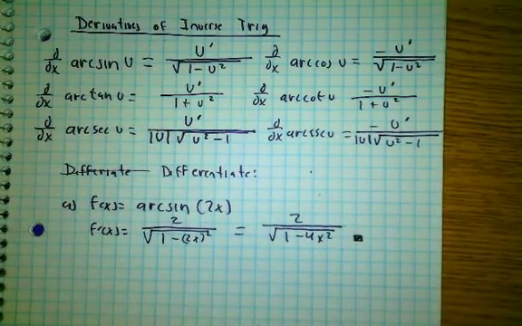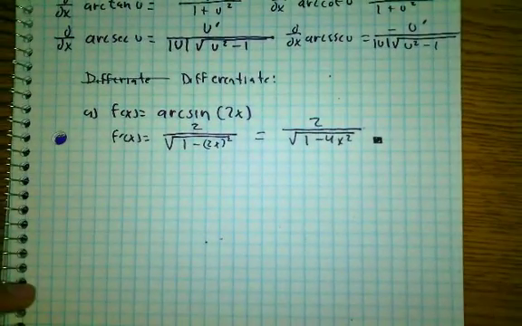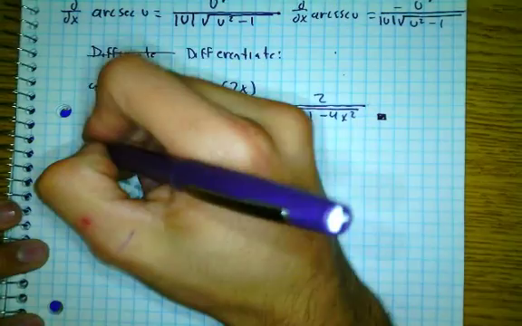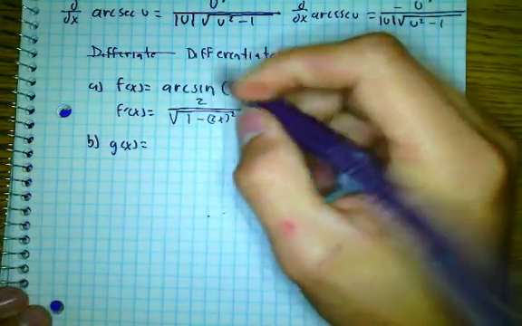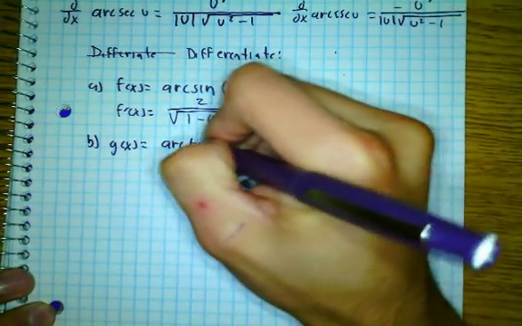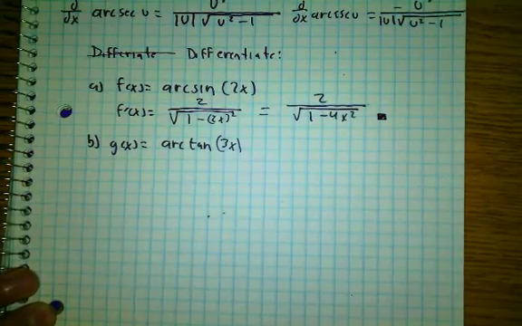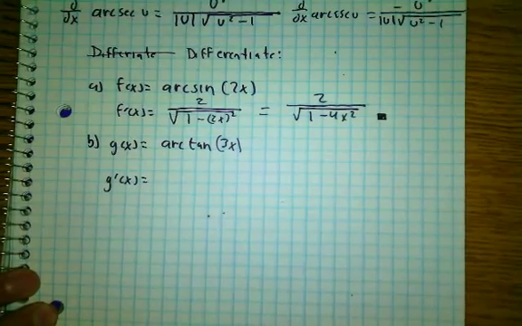Let's just kind of forget that for the moment, okay? Alright, let's try one more together, and then I'll let you try some on your own. So let's say g of x equals arctangent of 3x. So the derivative of g, or g prime of x, would be, okay, so we need the tangent rule. So we need to find the derivative of, in this case, 3x.